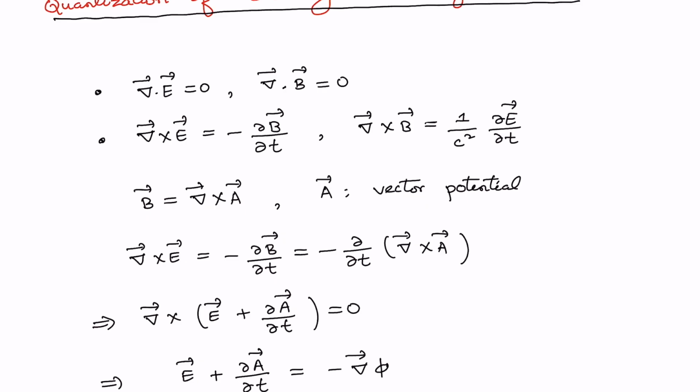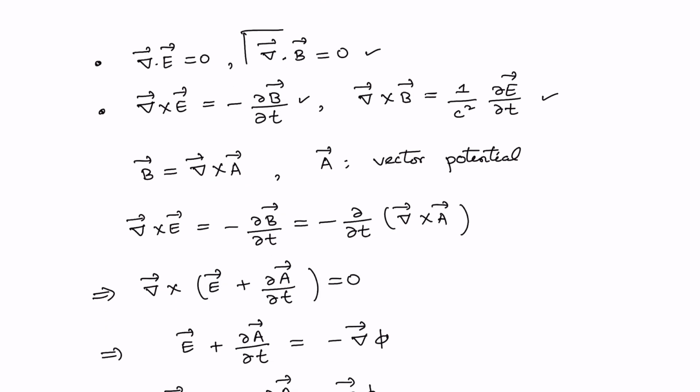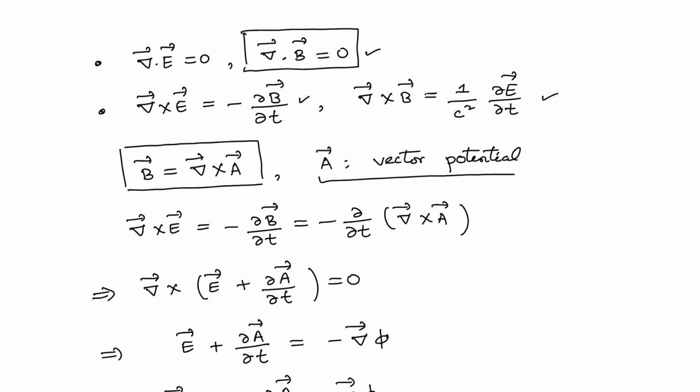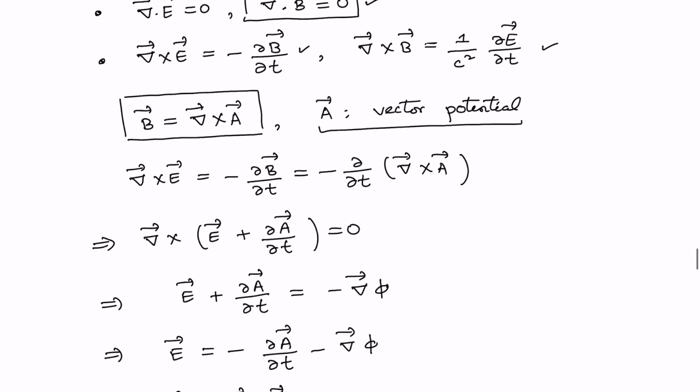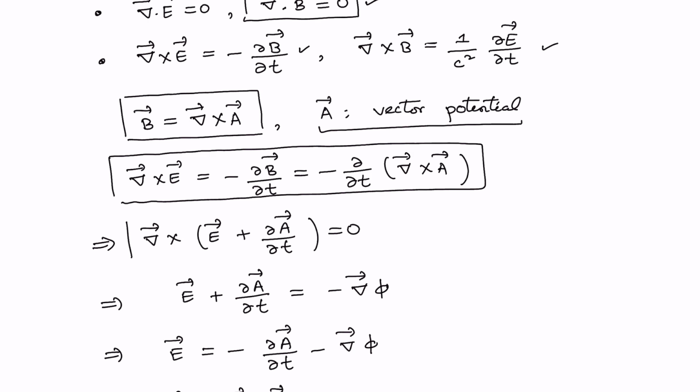These are the Maxwell equations. Divergence of E is equal to 0, divergence of B is equal to 0, curl of E is equal to minus del B del t, curl of B is equal to 1 by c square del E del t. Now, because divergence of B is equal to 0, I can write the magnetic field as curl of A, where A is the so-called vector potential. In terms of this vector potential, curl of E is equal to minus del B del t can be written as curl of E plus del A del t is equal to 0.